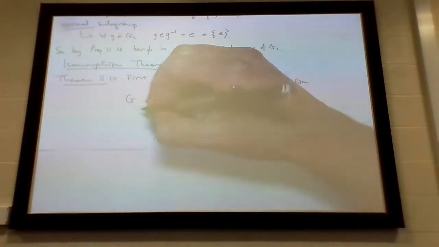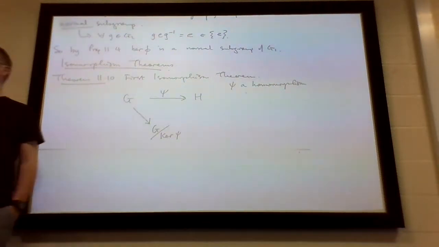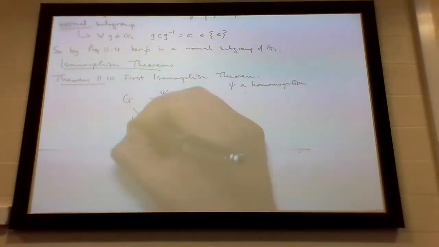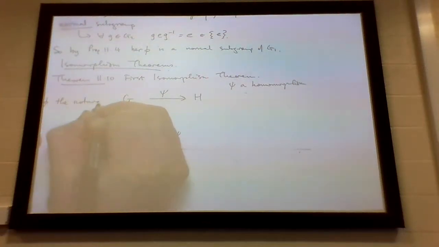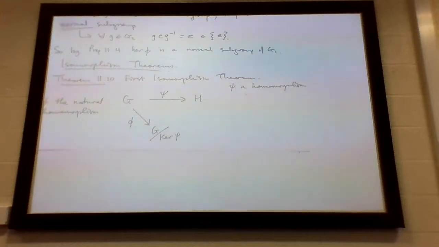Well, there's what's called a natural homomorphism from G onto the factor group, and he's representing this with phi. So phi is the natural homomorphism from G to the factor group.